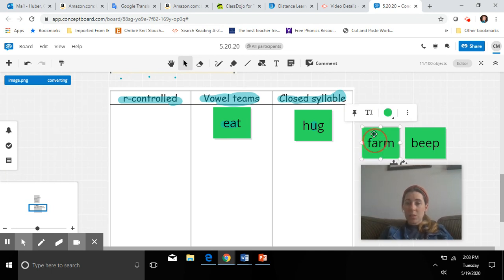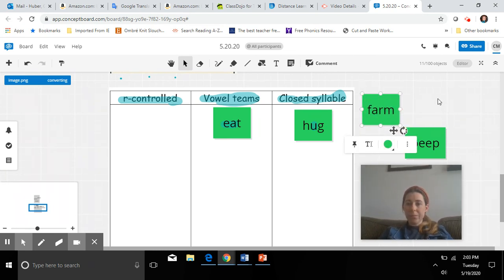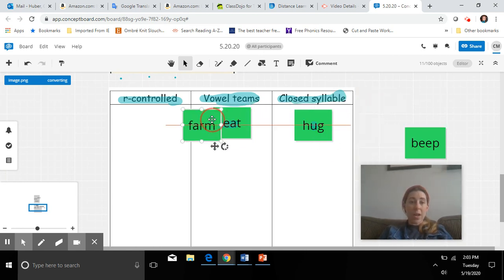Let's take a look at this word. Is it an R-controlled word? I see letter A is my vowel, and letter R follows it. So yes, this has an R-controlled vowel. So I'm going to put it over here.